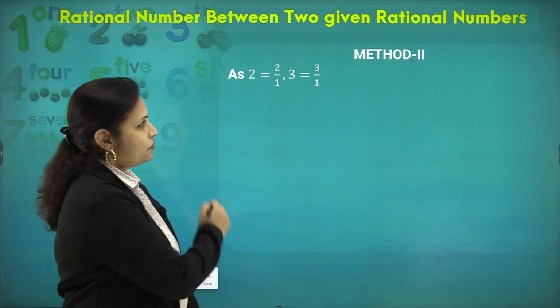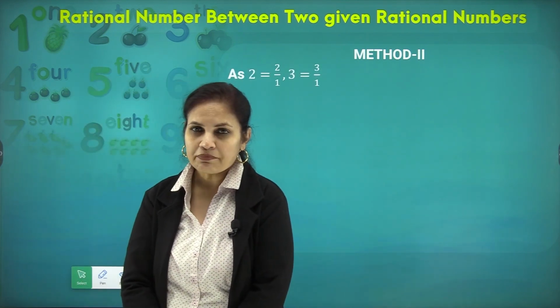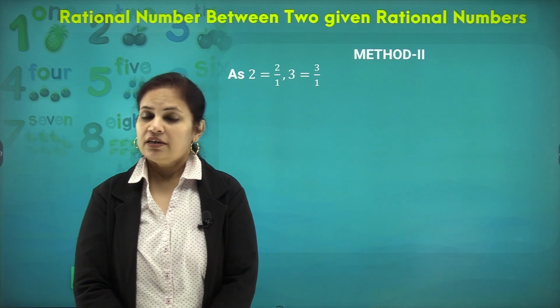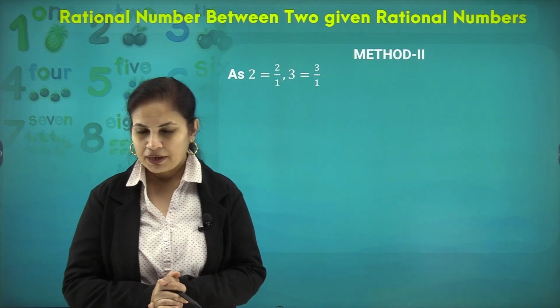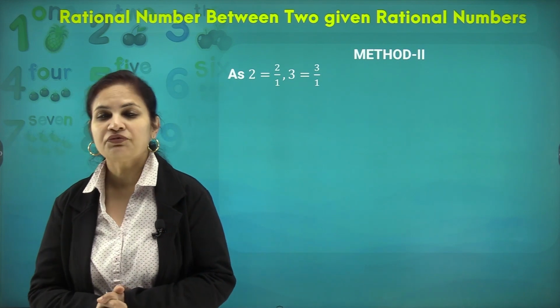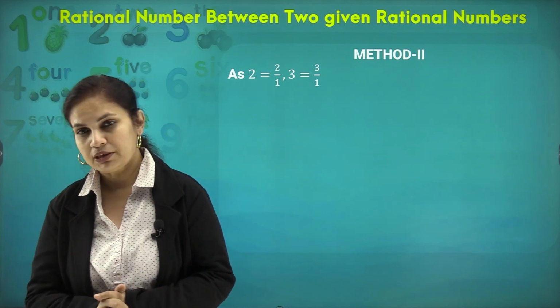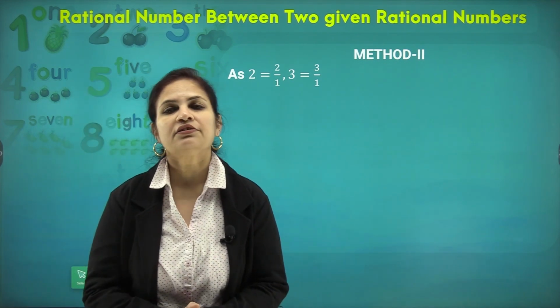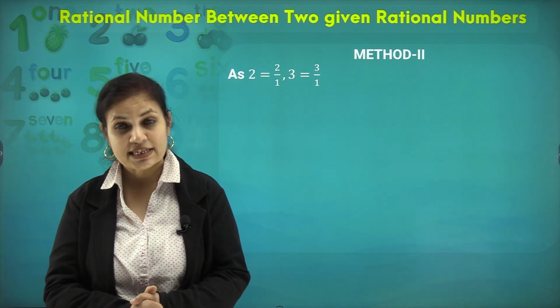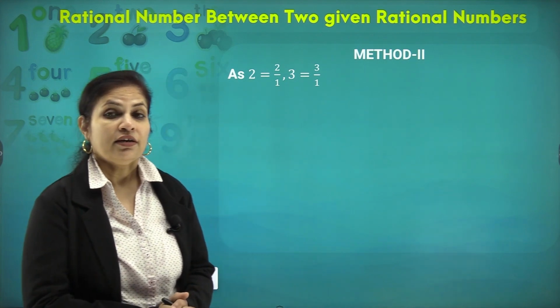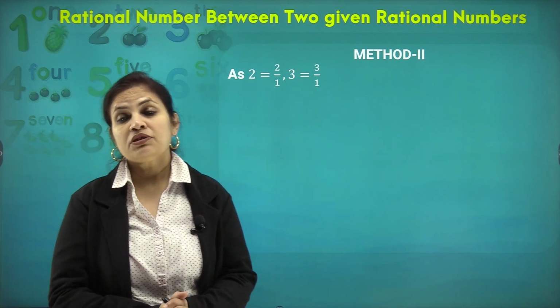What is method 2? If I go by the same example, that I have to find rational numbers between two given rational numbers 2 and 3, I have to write the rational numbers in the form of numerator upon denominator. So 2 can be conveniently written as 2 upon 1 and 3 can be written as 3 upon 1. What next? Next is counting how many numbers I want.